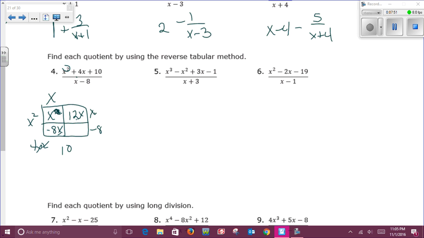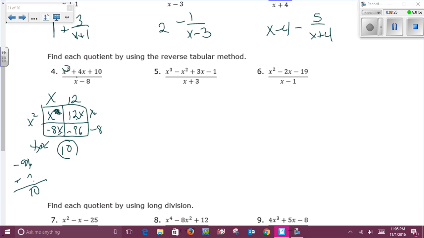What do I multiply x by to get 12? But a 12. But 12 times negative 8 is not 10, it's negative 96. So that means I have to have a remainder. And I need to figure out what my remainder is, something that will make this 10. So I have negative 96 plus some number, and it has to give me 10. So negative 96 plus what number gives me 10?